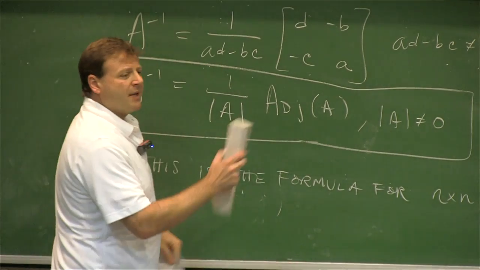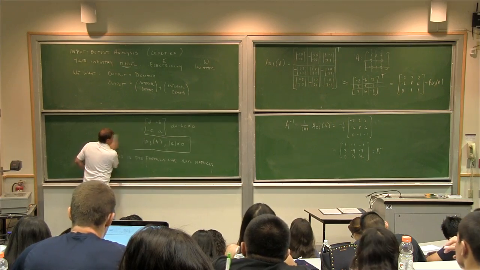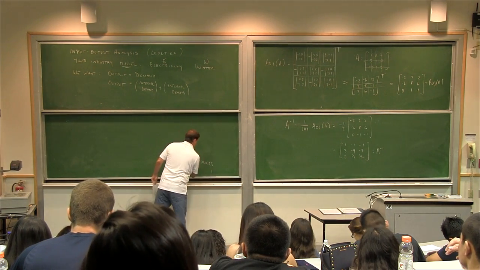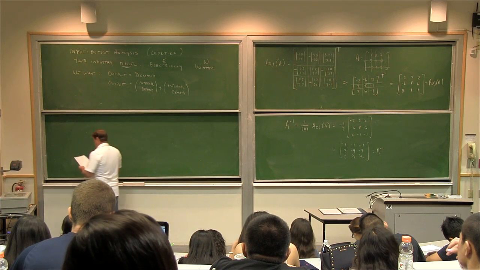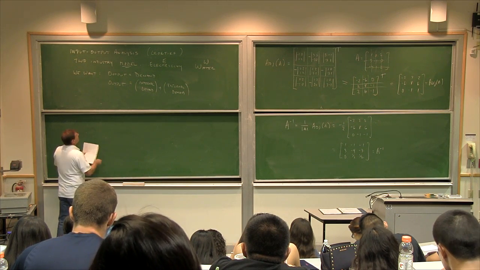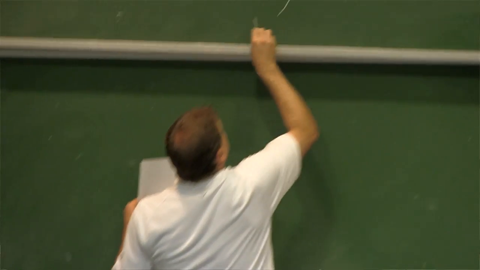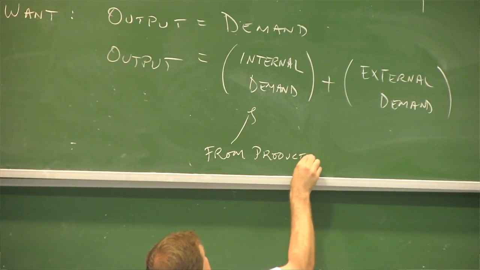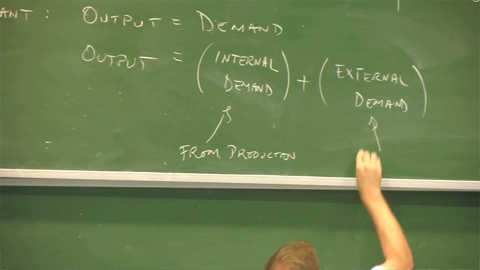But when you're calculating this at the end, it doesn't take as long once we have the setup. Okay, so this is from production, and this is from the population.